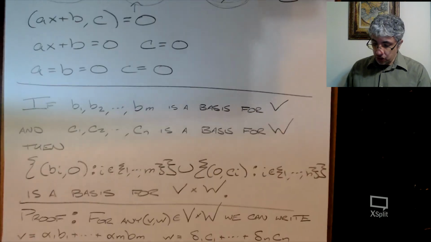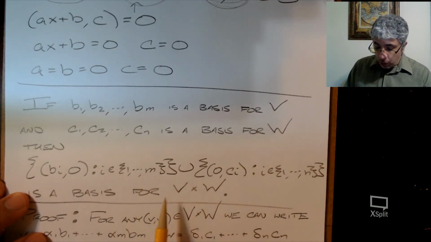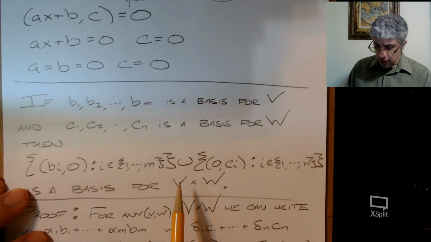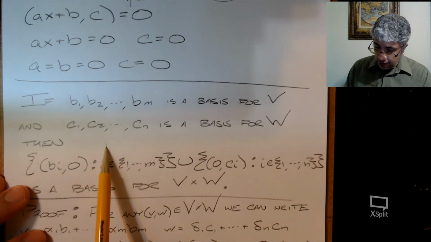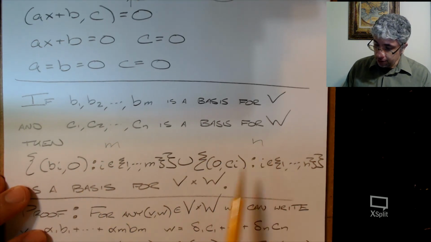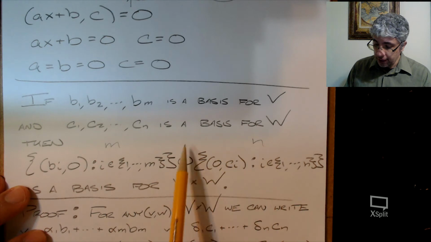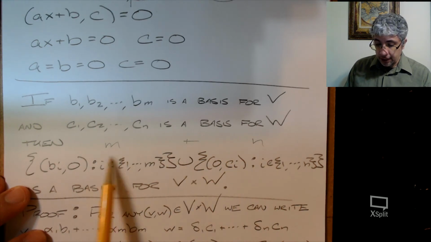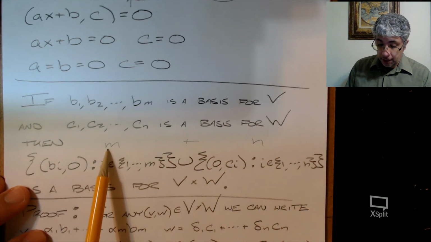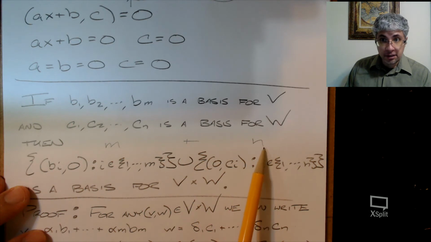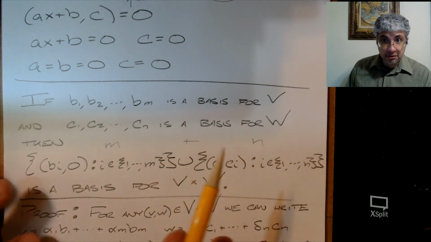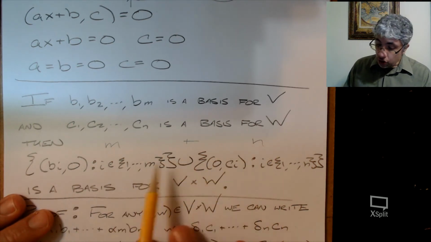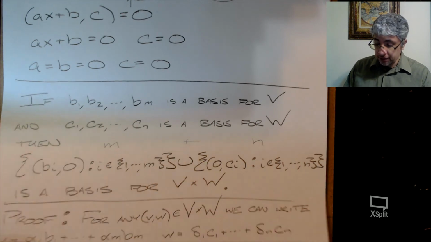So this shows that this is a basis. And what would the size of this basis be? Well, how many elements do I have here? I have m. How many elements do I have here? I have n. Since this is a union, m elements here, n elements here, there's nothing in common, so there's no canceling out or anything else. So I have dimension m plus n.